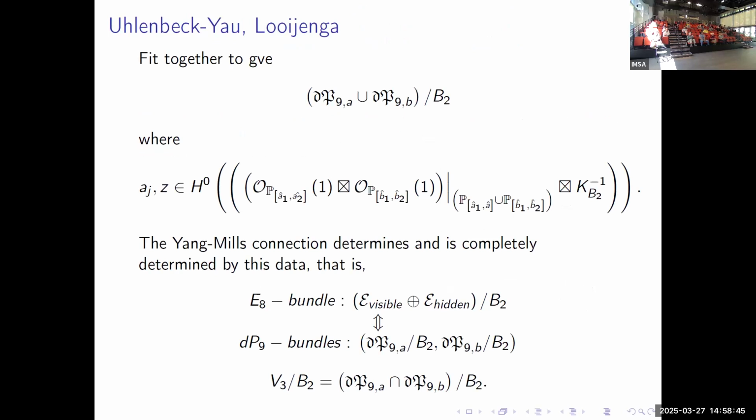if I take the union rather than the intersection, that is a singular Calabi-Yau fourfold with the Calabi-Yau threefold as its singular locus.